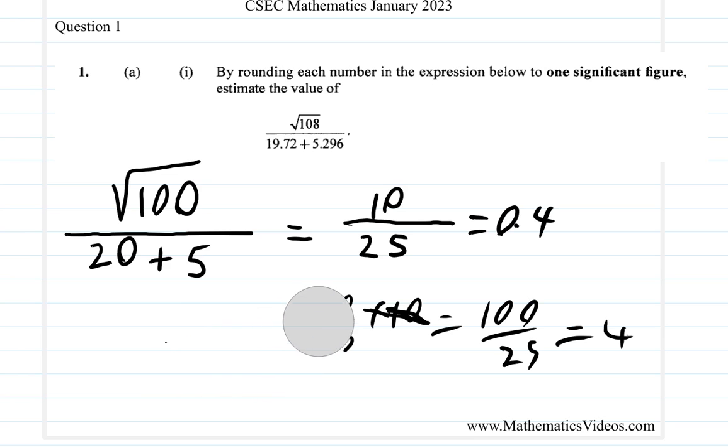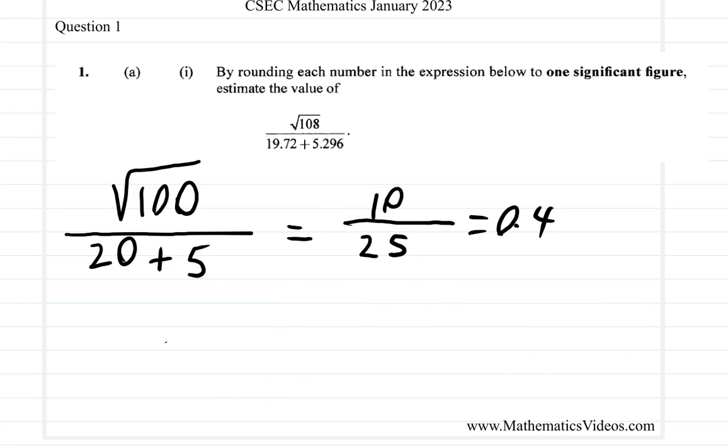You could also consider this. Suppose you use long division and you say you have 25 divided into 10. 10 would come down here. I say 25 into 10. You can't, 10 is smaller. So you put 0 and a point. 0 by 25 is 0. 10 minus 0 is 10.